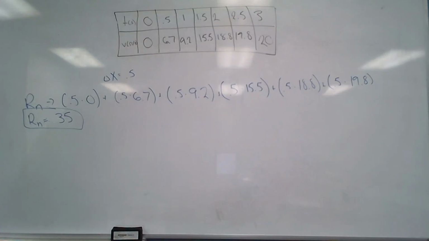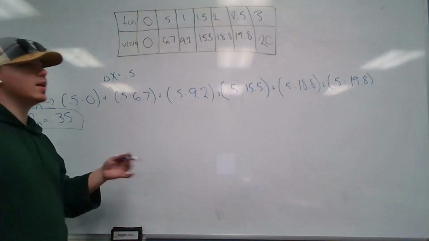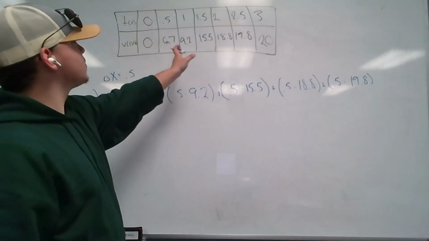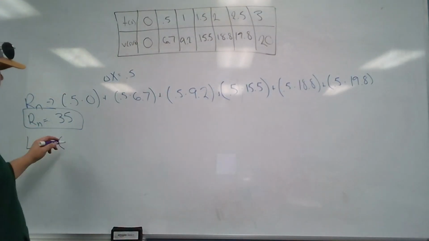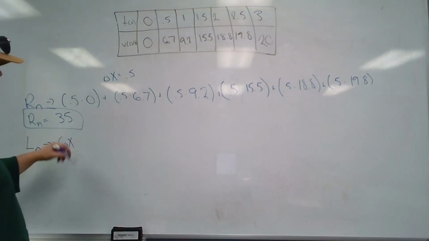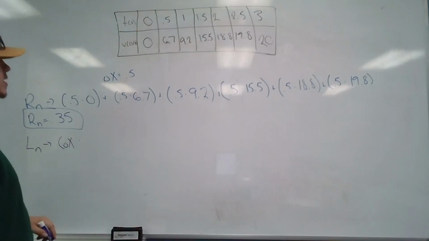Now let's do our left hand. I'm going to change colors for this one. Purple, here we are. So the left is going to be using the left hand heights, which is going to be this one and all the way to the end. So to write it out, I'm just going to write change in X now instead of 0.5. I hope you understand.